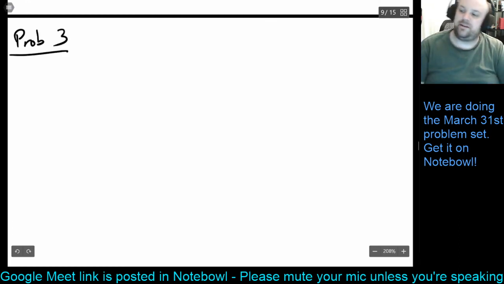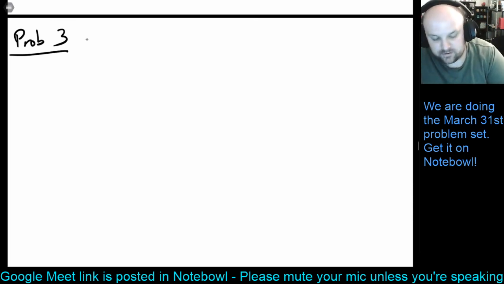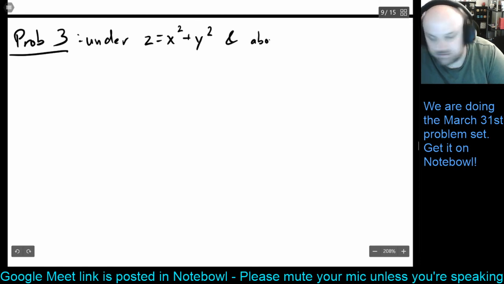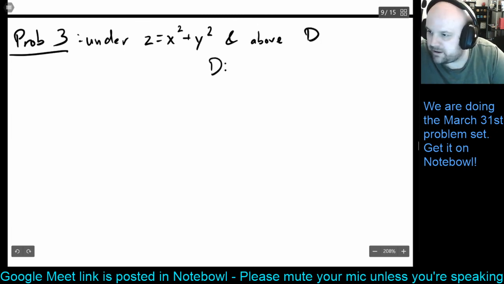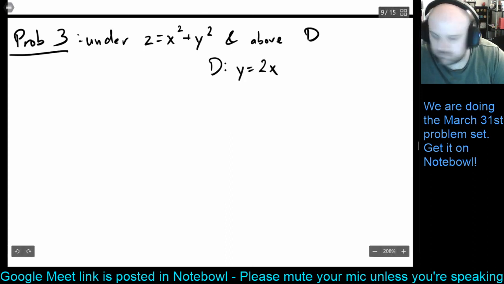So problem 3, this one says we want to find the volume of the solid that's under the paraboloid, z equals x squared plus y squared, and above the region D, which is bounded by y equals 2x and y equals x squared.